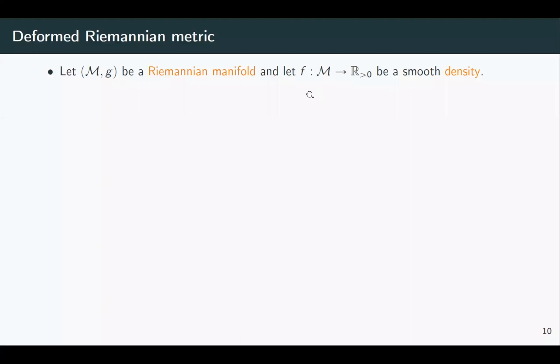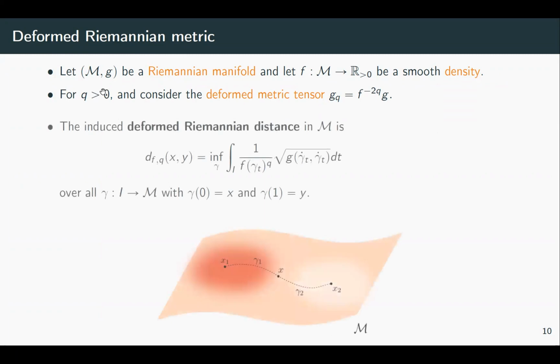You have a manifold, and if you have a density, you can deform the original metric tensor using the density in this way. This is one kind of option. And this deformation will be quantified with the parameter Q. So if we inspect the formula of the associated Riemannian distance, this is the formula, and you can see that if f is uniform, then this weight here is constant.